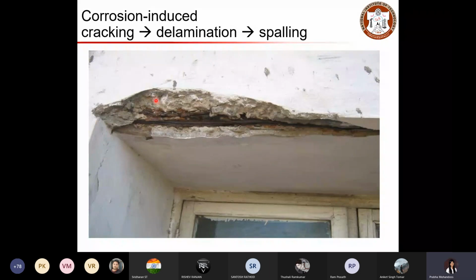And these are some common examples where you can see a lot of corrosion, such as this sunshade. You can see the concrete has fallen due to the expansive force. This basically indicates the delamination of concrete.